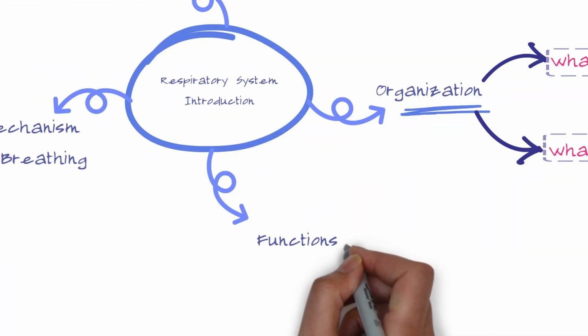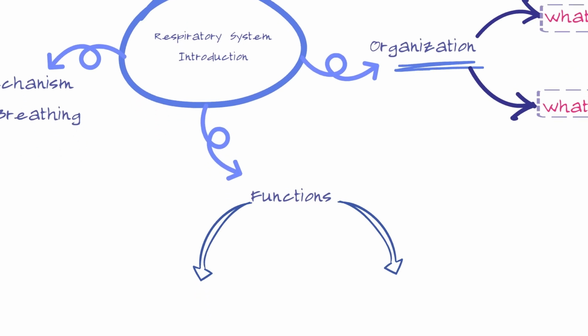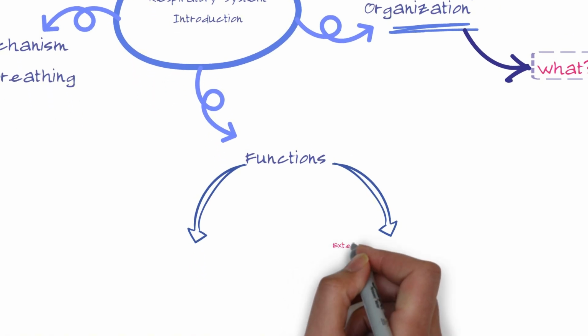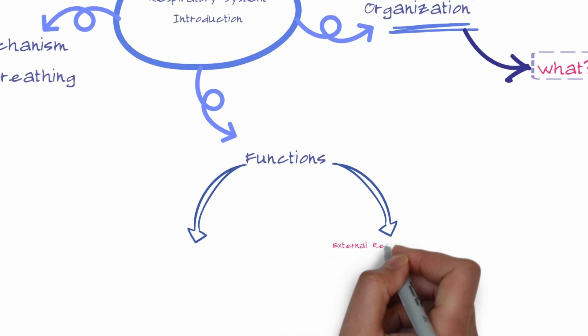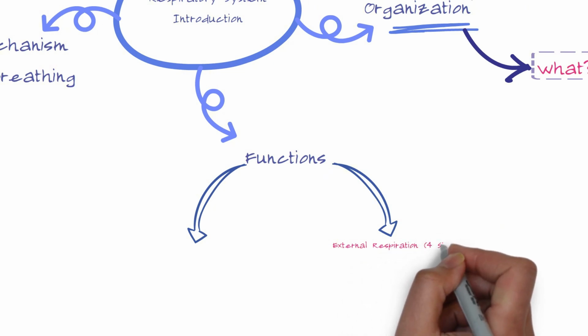Now that we understand the organization of the respiratory system, let's move to the main function, which is respiration. Although the lung has many roles, today we are going to focus on respiration. Here we need to focus on one important thing: we have two types of respiration, the external and the internal respiration.